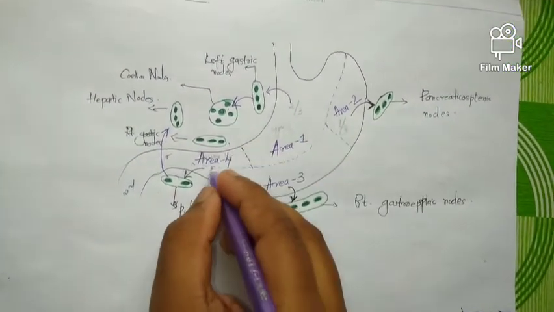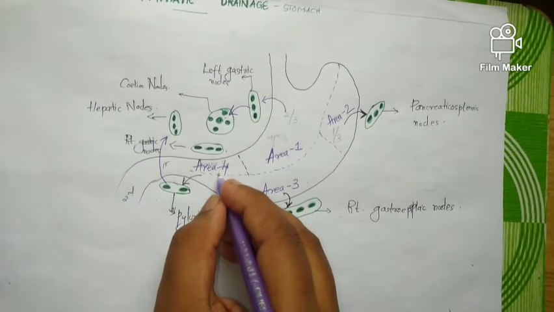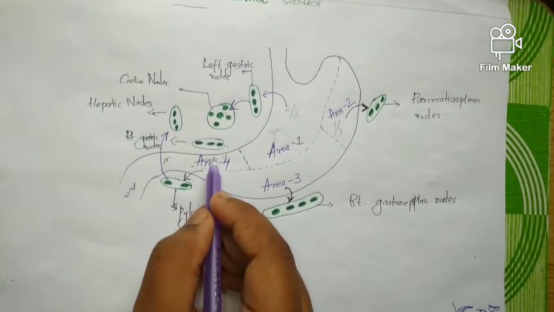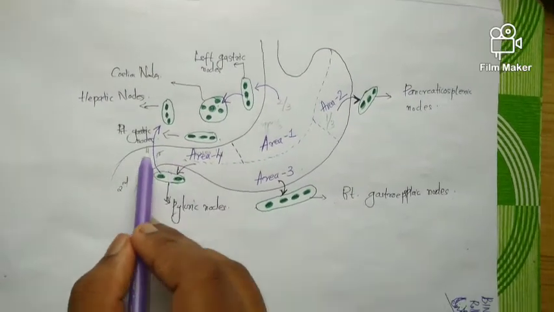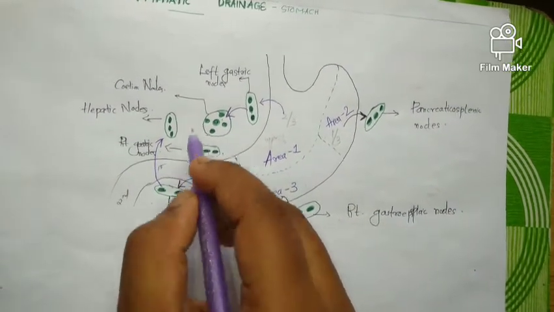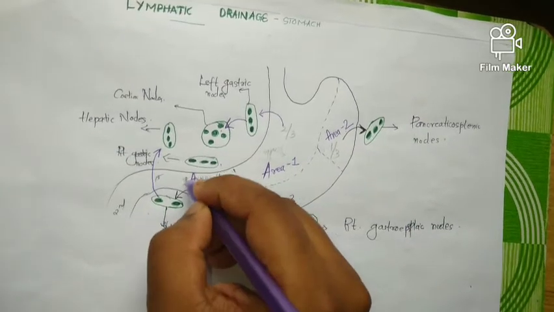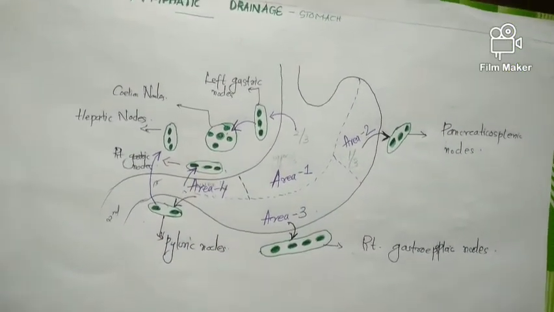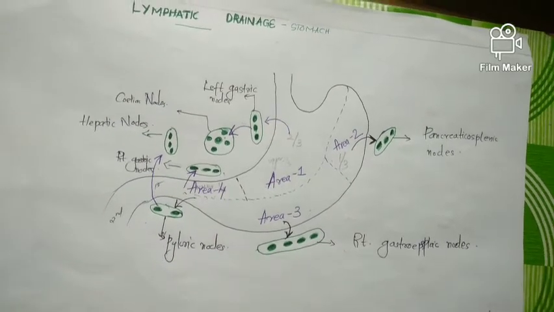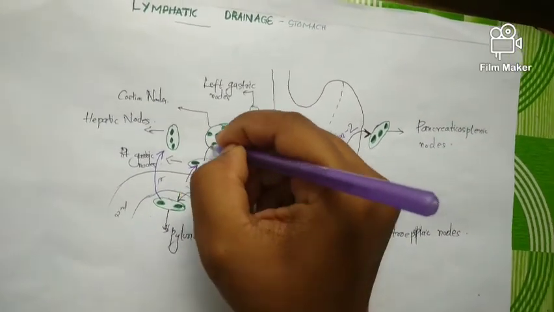And we can see area 4. From this area 4, the pyloric canal and the pyloric antrum, which lie on the lesser curvature, drain into the right gastric nodes. This right gastric node actually drains into the celiac node.